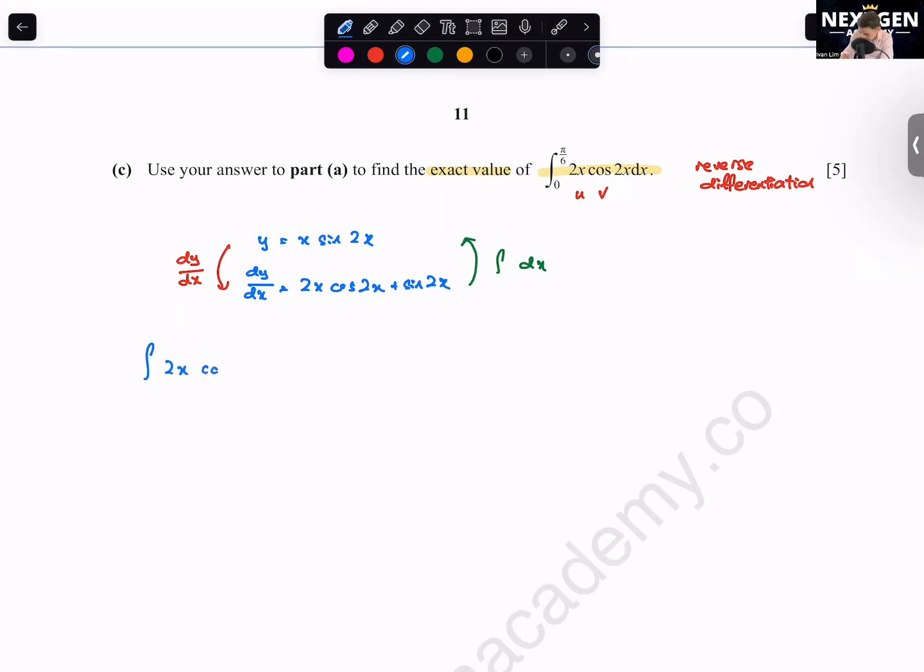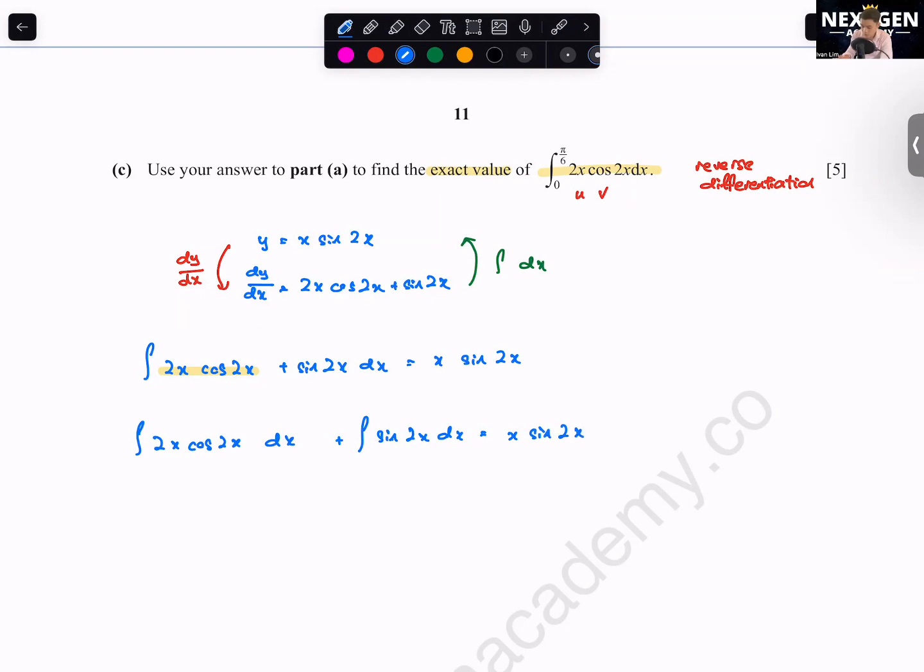Integrate 2x cos 2x plus sine 2x dx is equal to x sine 2x. So we only want this part here, integrate 2x cos 2x. The other part I don't want. There's a sine 2x here, so I'm going to separate it. Integrate 2x cos 2x dx plus integrate sine 2x dx equals x sine 2x.